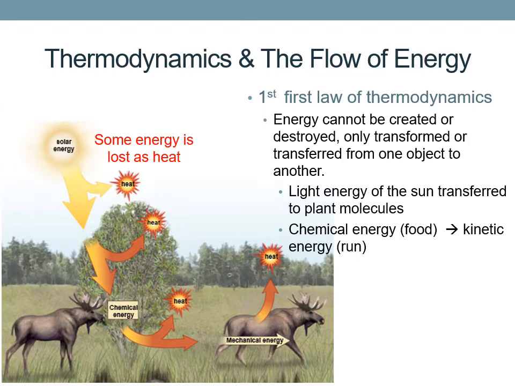In this figure, light energy from the sun is transferred to the plant, and some energy is lost in the form of heat. The plant converts the solar energy into stored chemical energy in the glucose it produces during photosynthesis, which also results in a loss of energy in the form of heat.